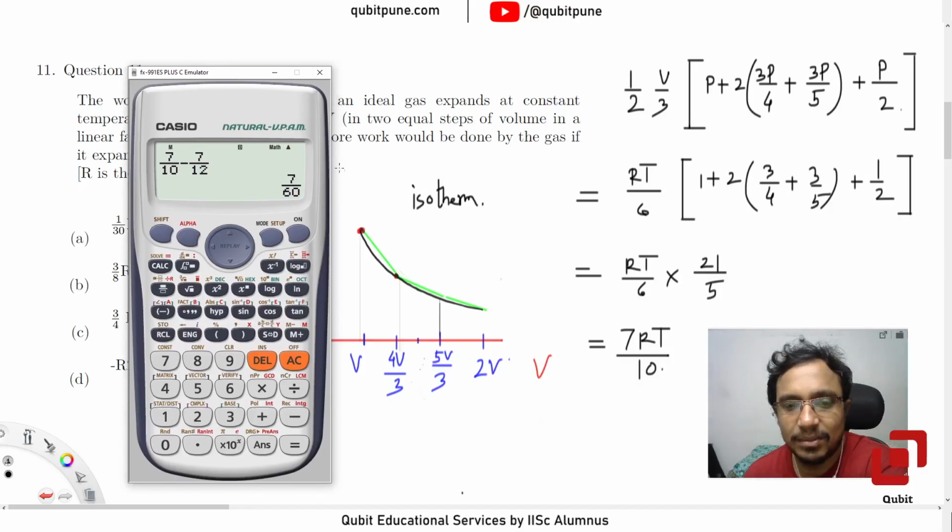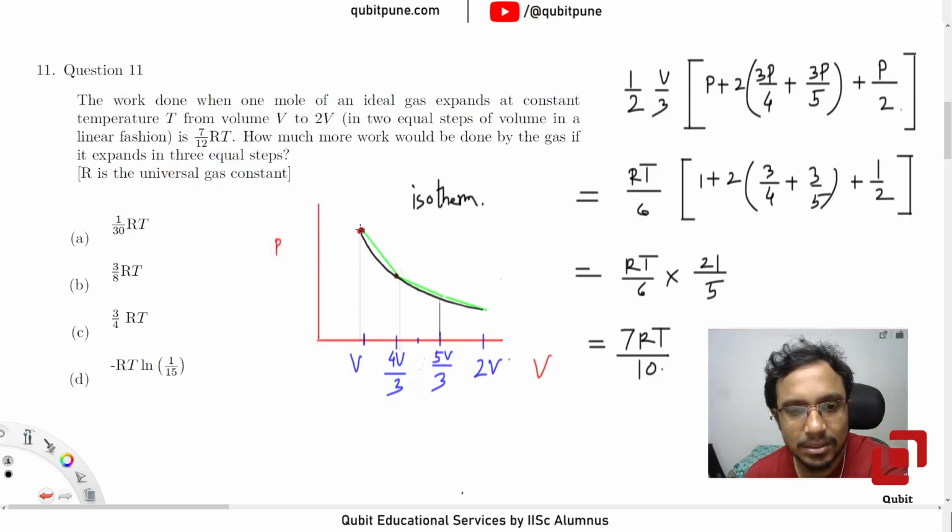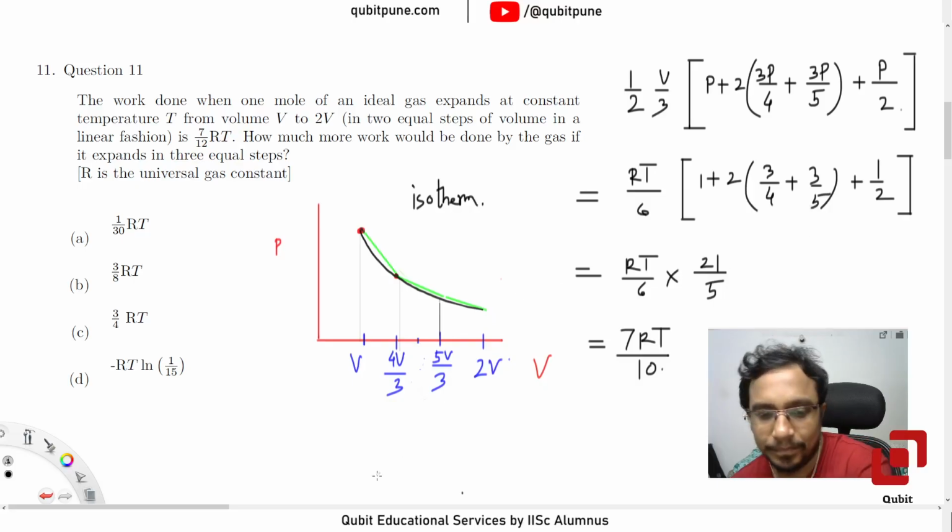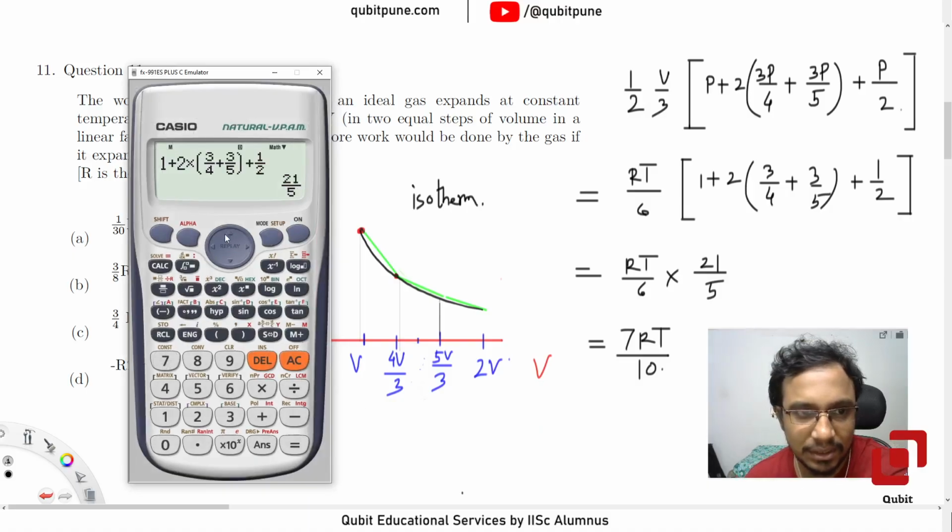Have we missed any term in the calculations? 3p by 4, 3p by 5 has come. Let's check the calculation once. This is correct.